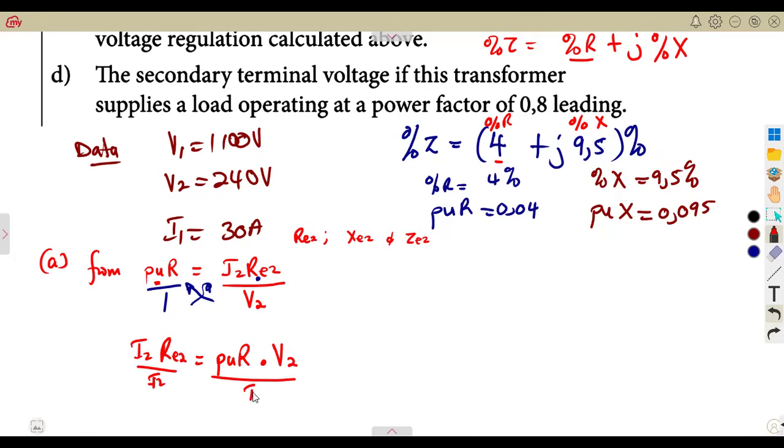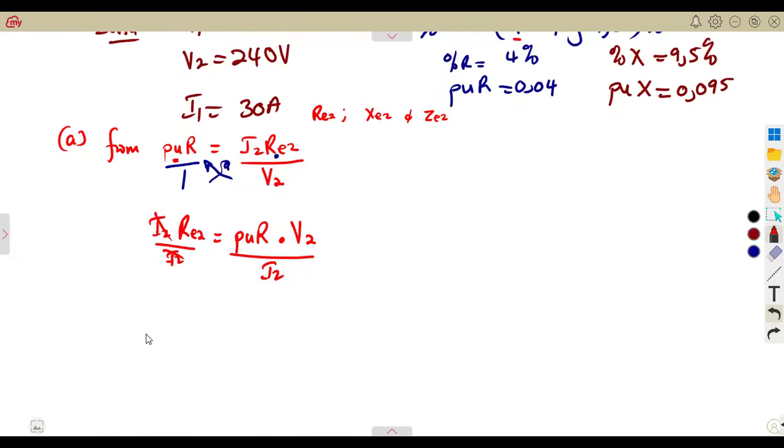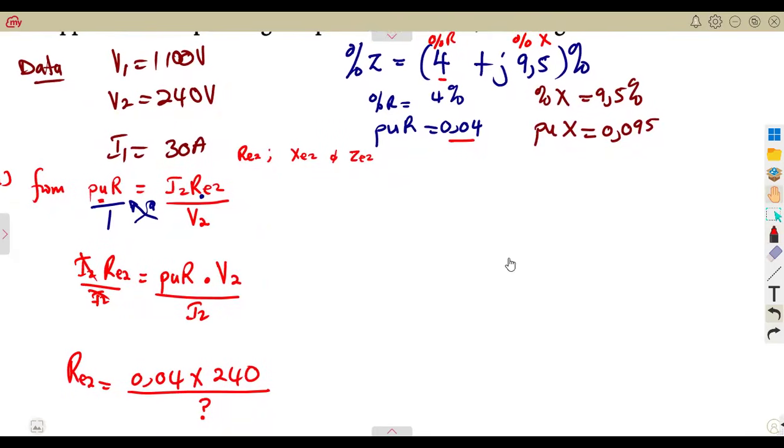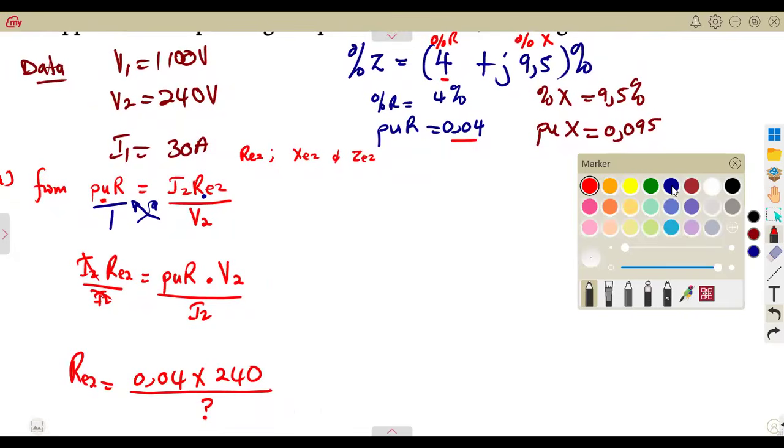That gives us the equivalent resistance as referred to the secondary side, which is per unit resistance 0.04 times V2, which we have as 240, over I2. But the question: are we having I2? We are stuck again because we do not have that. We are just given I1.